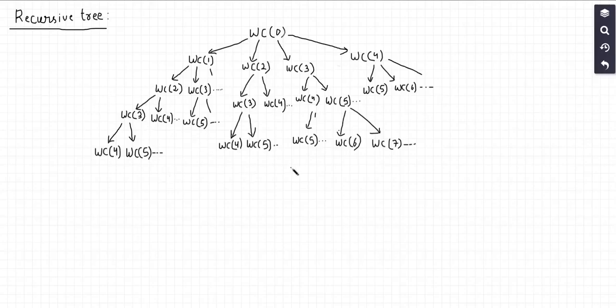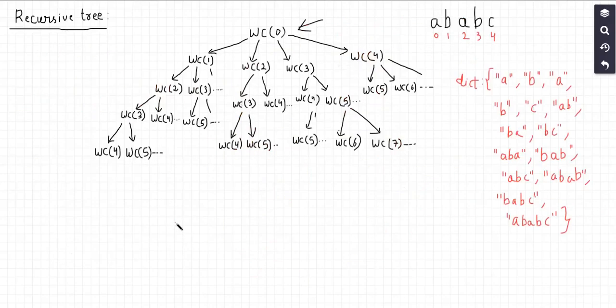So this is the recursive tree that I have drawn. I'm calling the function at first index. Imagine the worst case scenario in which the target string was ABC. This is the worst case scenario which I'm using for analyzing the time complexity of the code I showed you in the previous slide.